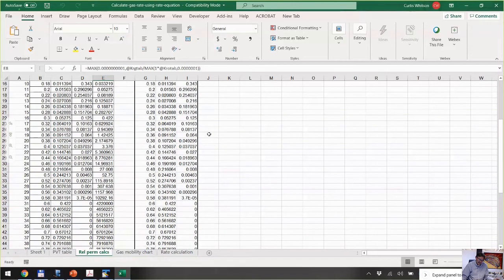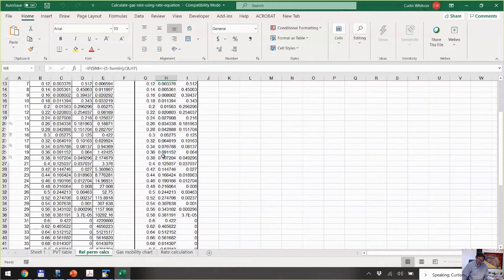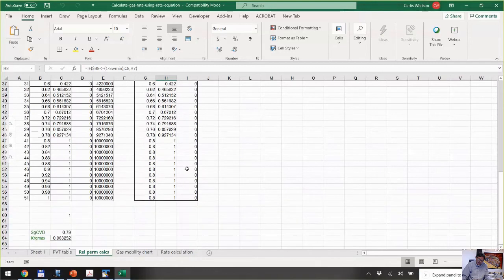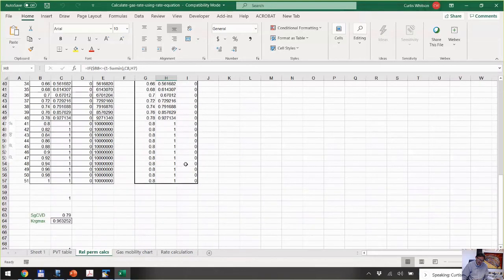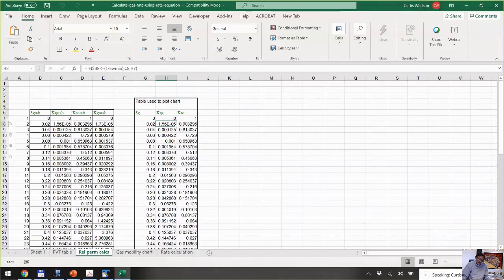So what is this table? Second table we used to plot chart. I'm not sure why he had a separate table for plotting. I'm not sure. It looks like the saturation numbers are identical.